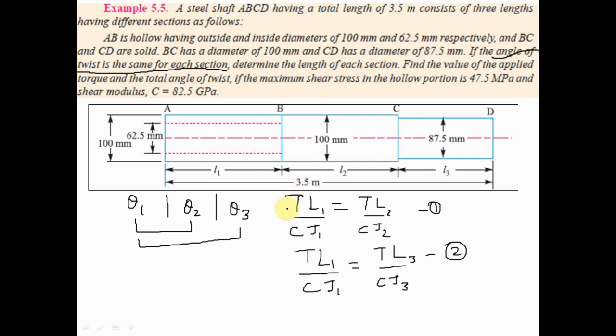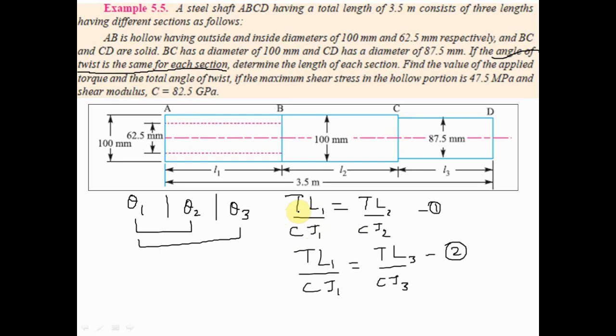So we have not taken C1, C2, C3; we have taken common C, because the material is same. The total torque transmitted will be same, because the shafts are connected in series. The total torque is same for all the sections, just as we read in the previous slide.